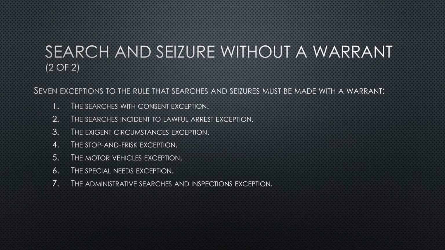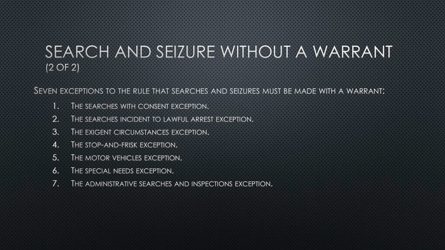So, although the general rule is you must have a warrant in order to legally search, most searches and seizures do happen without a warrant. So it's important for you to understand and to be able to describe and give examples for the exceptions. And so here are 7 exceptions to the rule that searches and seizures must be made with a warrant.